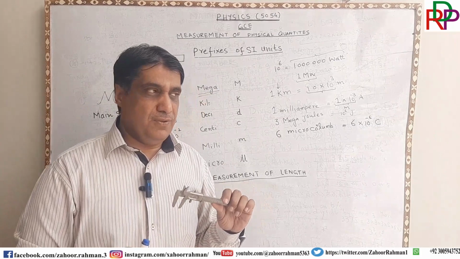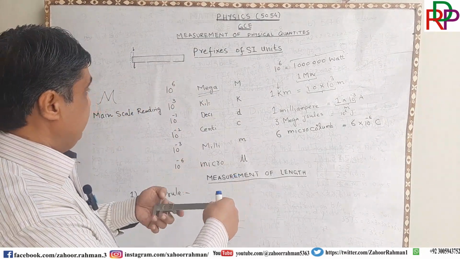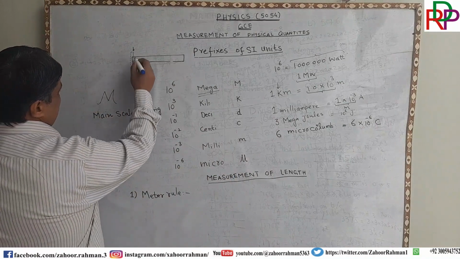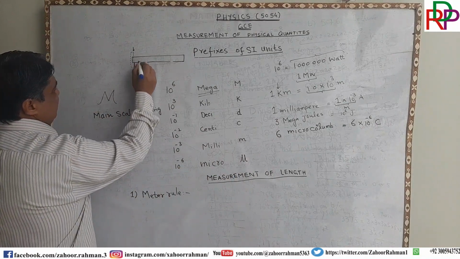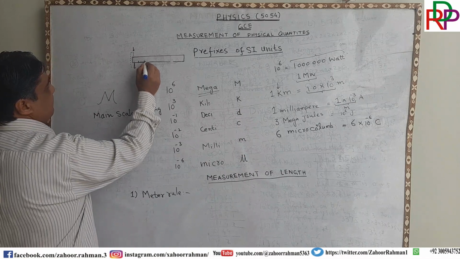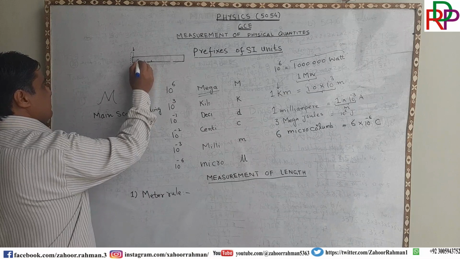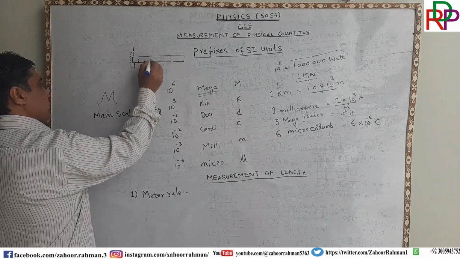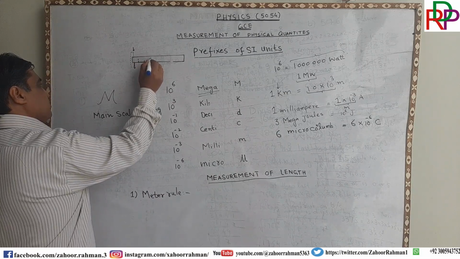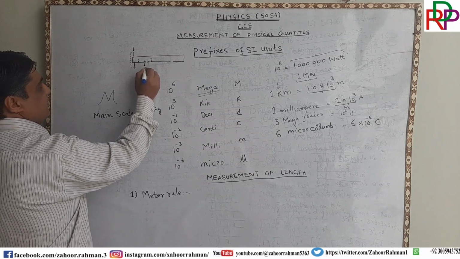If you want to take the main scale reading, then if there is written 1, there will be 1, 2, 3, 4 and then 5 again. This will be 1, this will be 2 and this is 1.5.